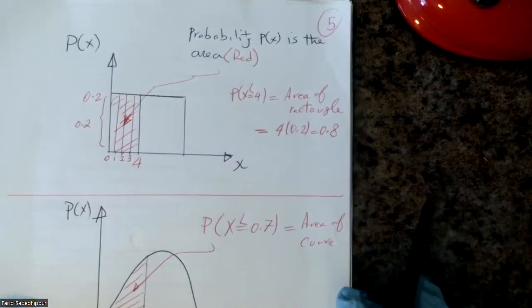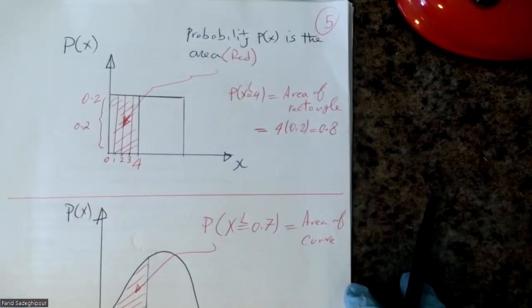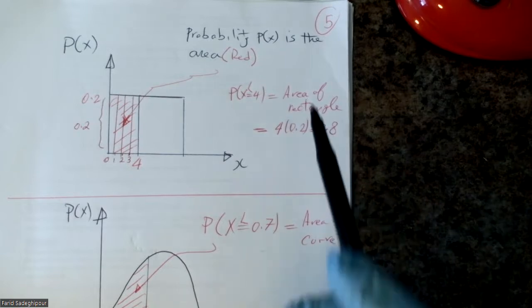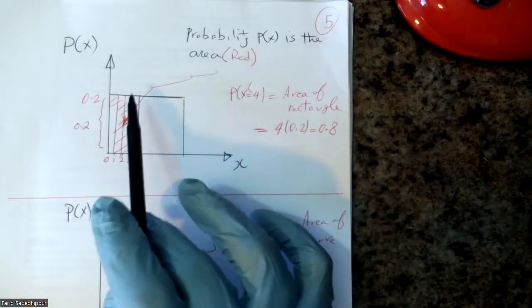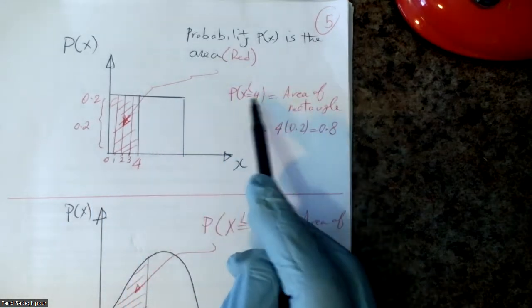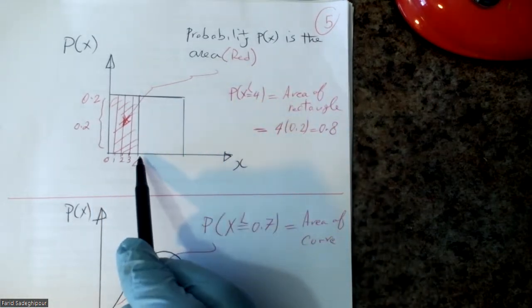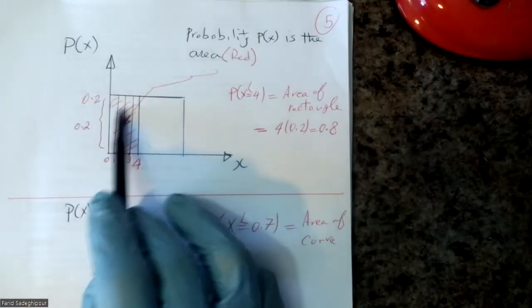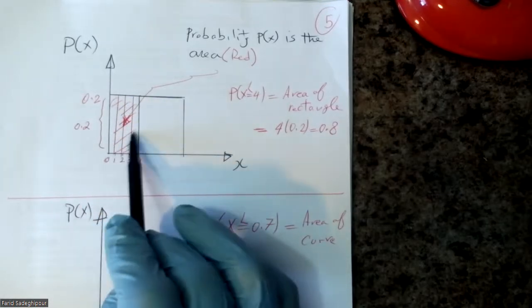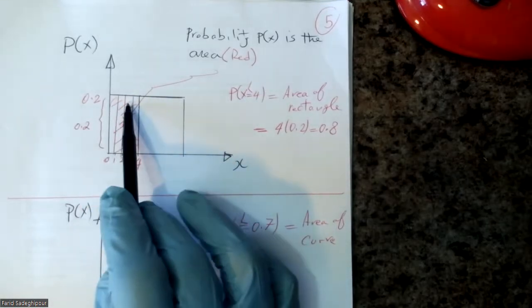Now, this is a uniform distribution. And let's say I want to calculate the probability of x less than 4. Probability of x less than 4 means you want to calculate this area, shaded area with red color.